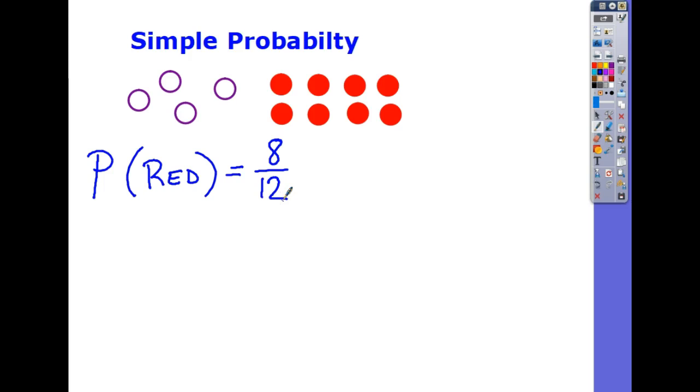Probability is always, always, always reduced to lowest terms. It is often written as a fraction, and it's always reduced to lowest terms, and so that would reduce to 2/3. What is the probability of choosing a white marble? How many white marbles do I have?